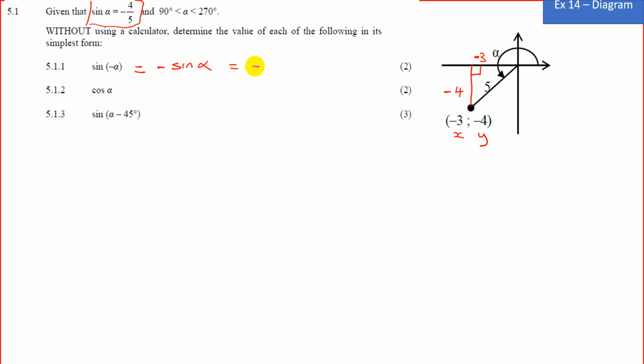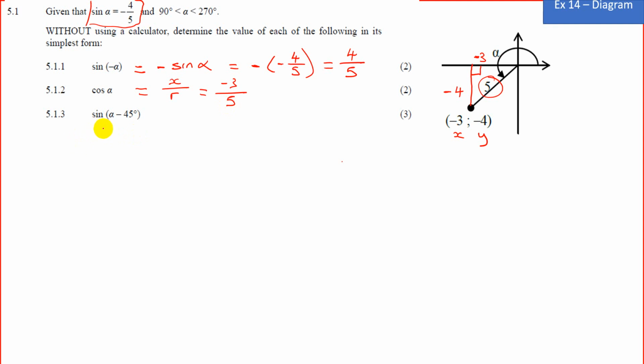We can just replace that and say negative of -4/5, and that gives us what we're looking for, 4/5. The next question is to find cos of alpha, which is x/r by definition, and we would have found our 5 using Pythagoras, and the x value is -3/5.